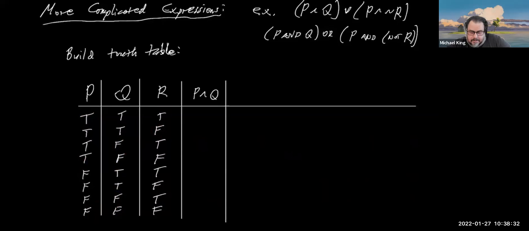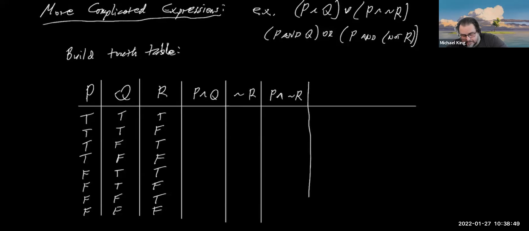I guess we need a not R column where we negate everything in R. We need a P and not R column to combine those. And then we need to OR these 2 columns together. So you can think about how you would build up to this.